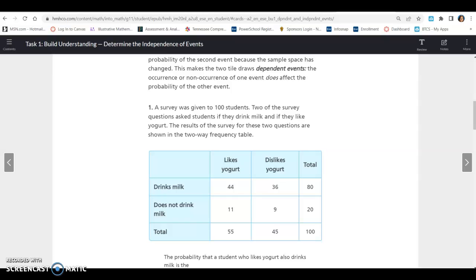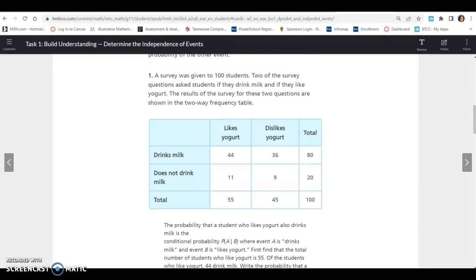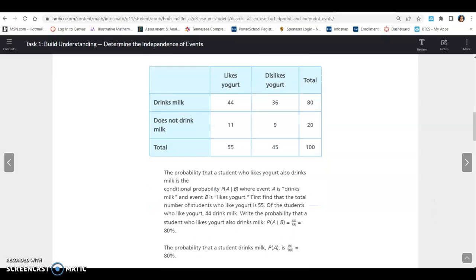And we're going to look at number 1 here. It says a survey was given to 100 students. 2 of the survey questions asked students if they drink milk and if they like yogurt. The results of the survey for the 2 questions are shown in the two-way frequency table.